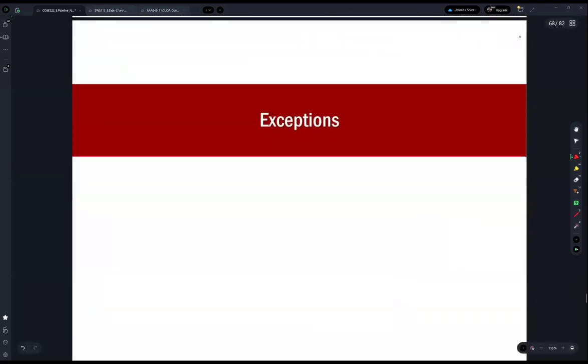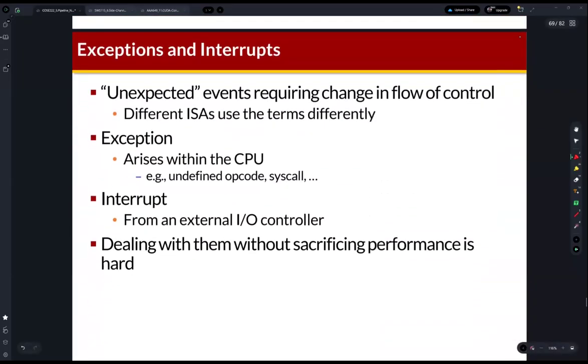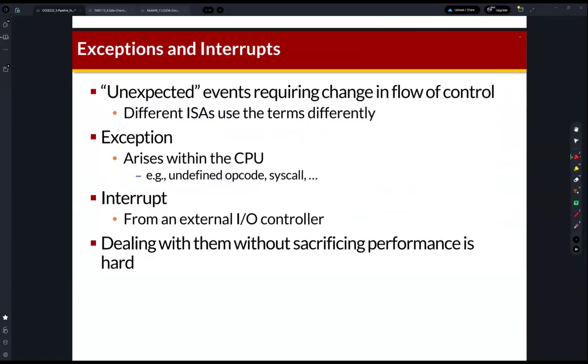Okay, the last topic of the processor architecture: exceptions. So, what are exceptions? Exceptions or interrupts. In C, sometimes you can make a bug, like divide by 0.